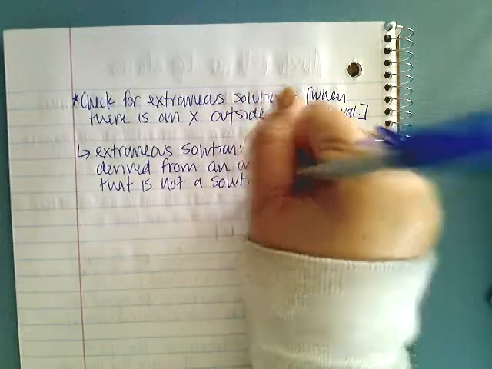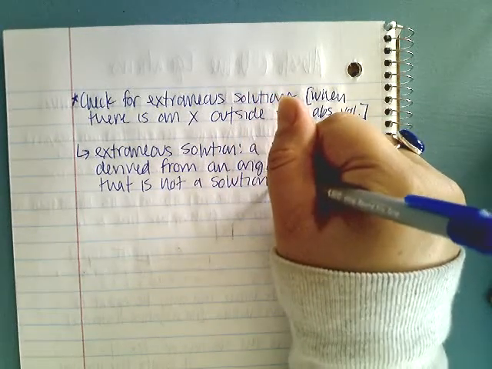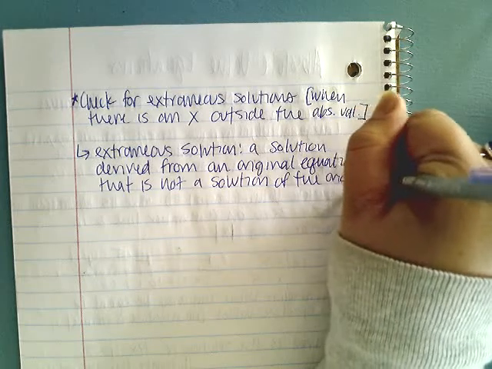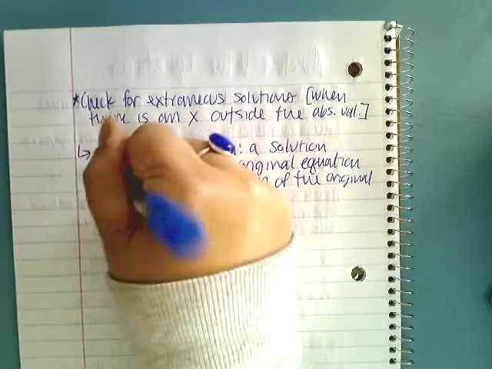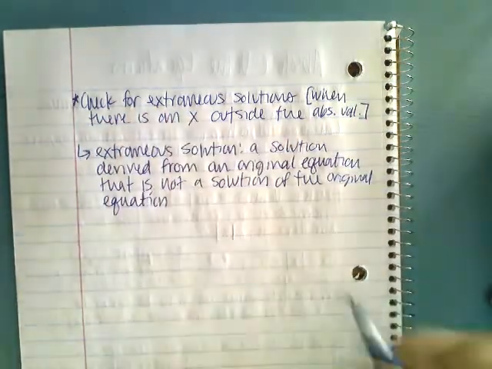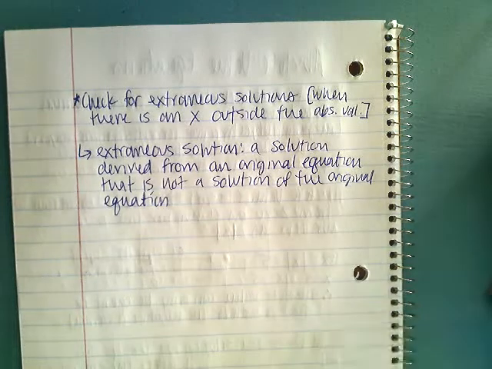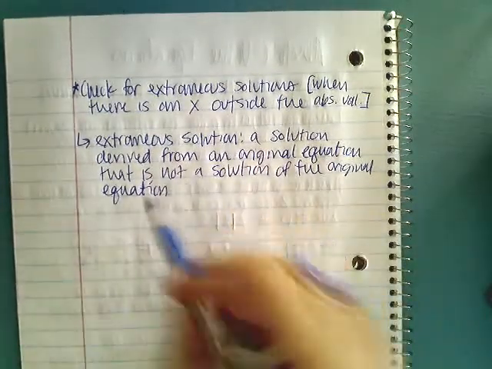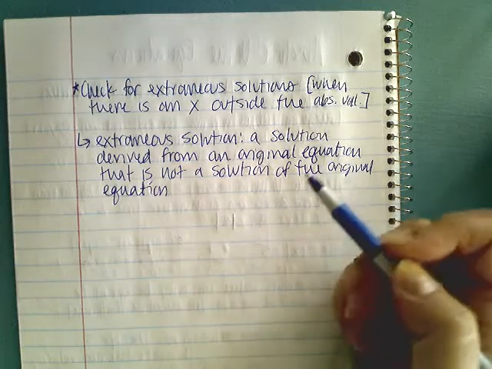So it's not actually a solution of the original equation. What this means is you properly solve out and you get this answer, but then when you plug it back in, it doesn't actually work. So it's something that you correctly solve out for, but is not actually a solution when you check it back again.